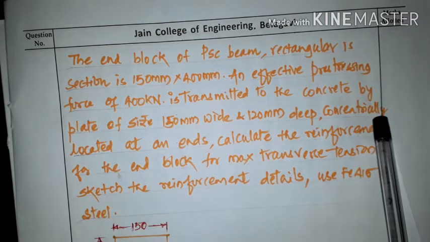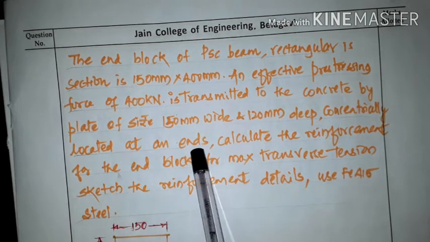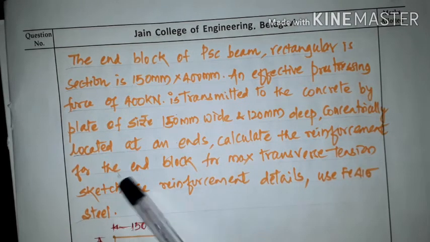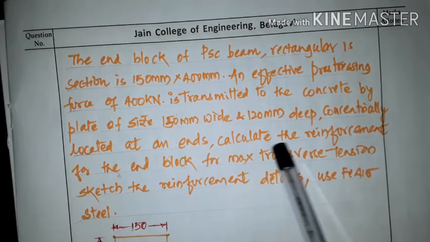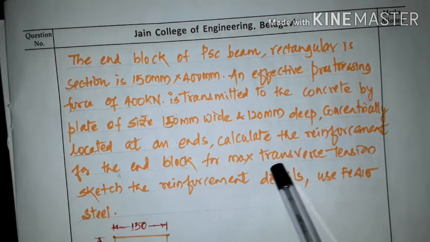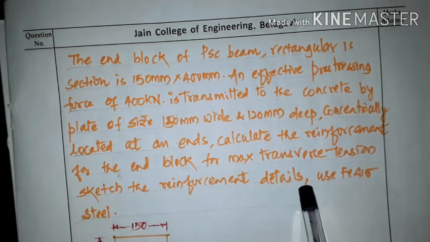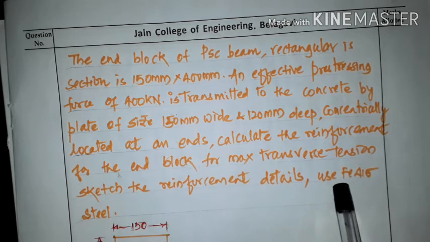So again the cable is concentrically located at the ends. Calculate the reinforcement for the end block for maximum transverse tension. Sketch the reinforcement details. Use Fe 415 steel.